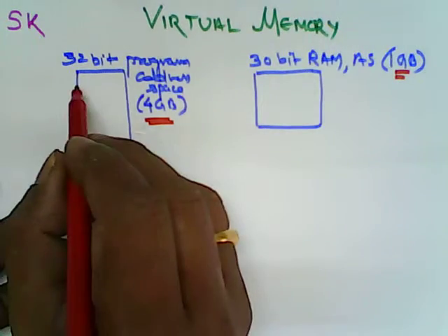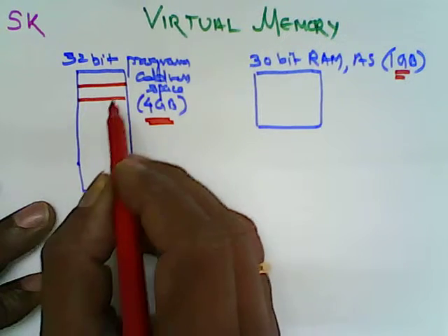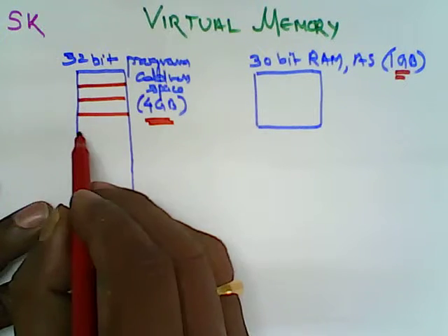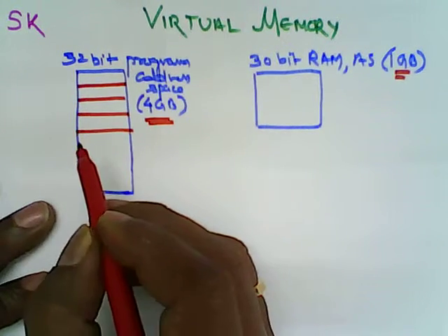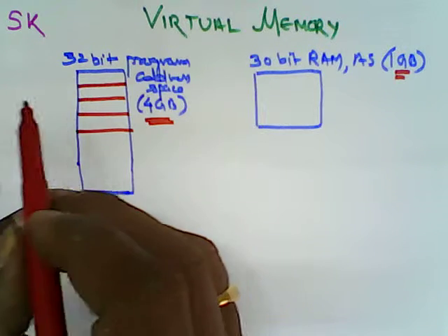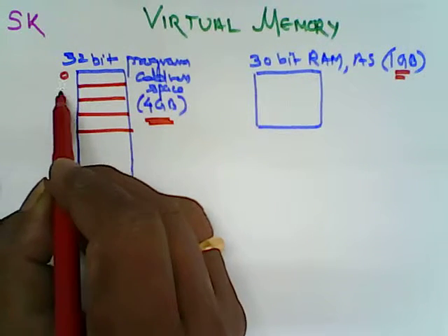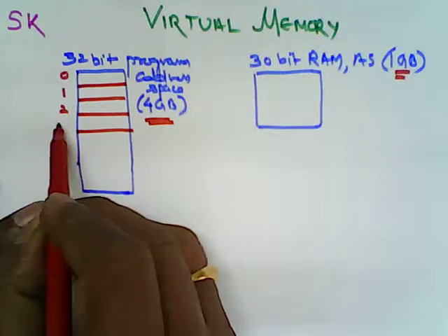Assume that this address space is distributed, and let us take 0, 1, 2, 3.